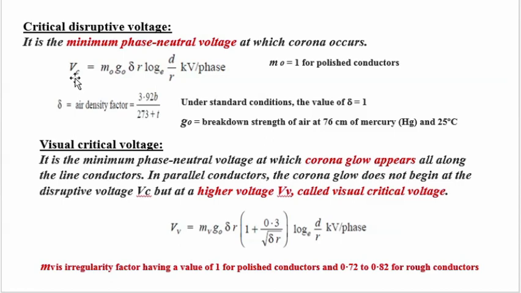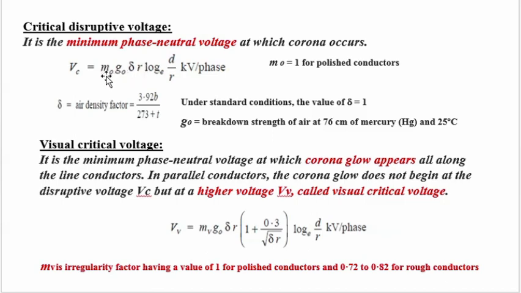Here Vc is the critical disruptive voltage, m0 is the surface irregularity factor, g0 is the breakdown strength of air, σ is the air density factor, r is the radius in centimeters, and d is the spacing between the conductors.